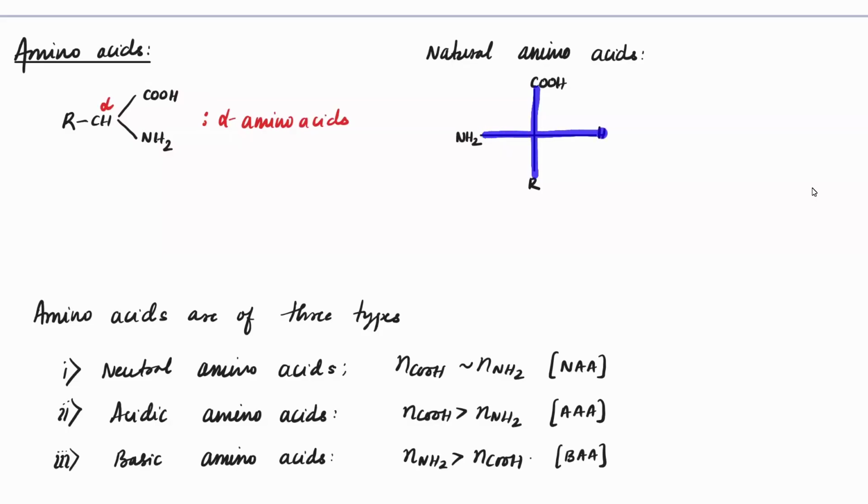When you write the Fischer projection on that, if I put this in terms of priority, this should be 1, 2, 3, and 4. So this is the priority which you will get. On the basis of this priority, 1, 2, 3 is going clockwise, which means it is S configuration.